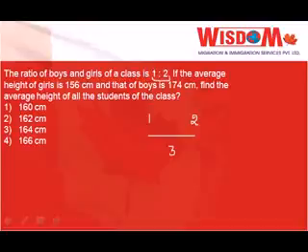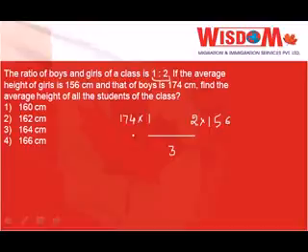And out of this 1 part, the height of the boys would be 174 centimeters, and the sum of girls would be 156 centimeters. Now this here is the sum of height of girls.